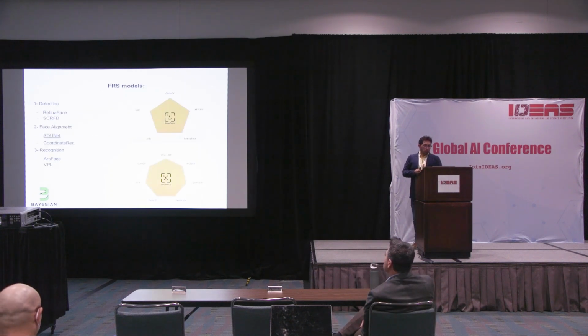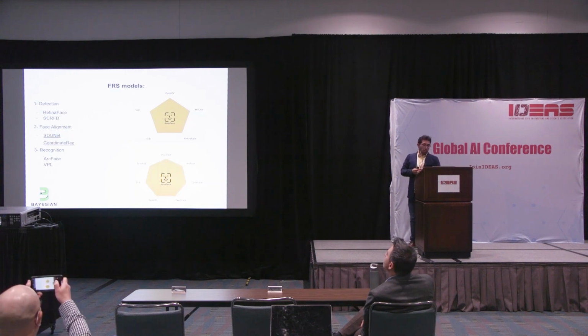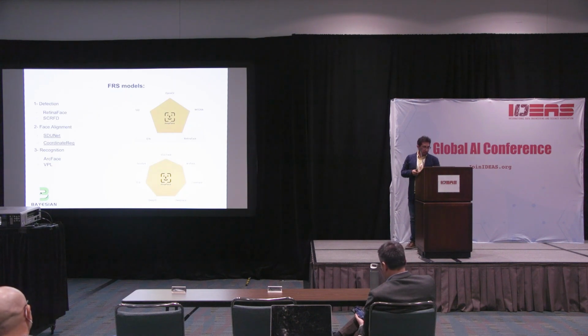In terms of models, I try to look at the models that are state-of-the-art and people are using with good accuracy and good performance. And there are many of them. I have a list, I think on the next slide, that compares these methods. In terms of individual models, in the detection phase, we have RetinaFace and SCRFD.